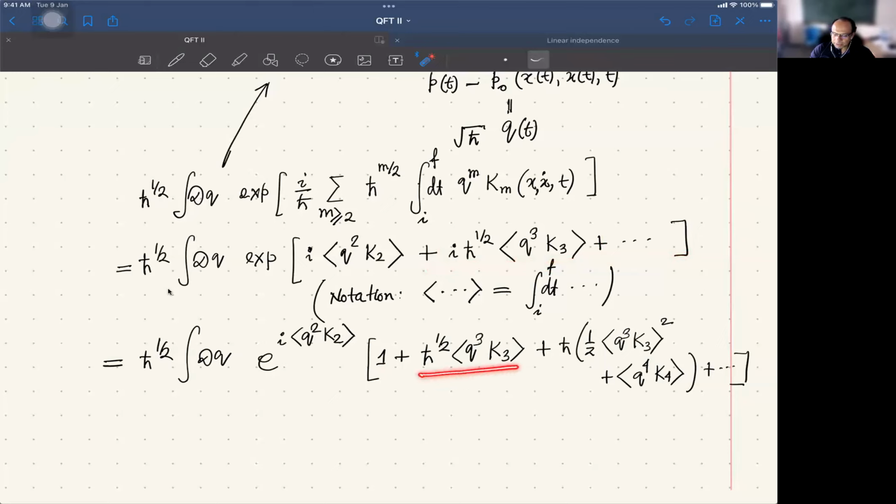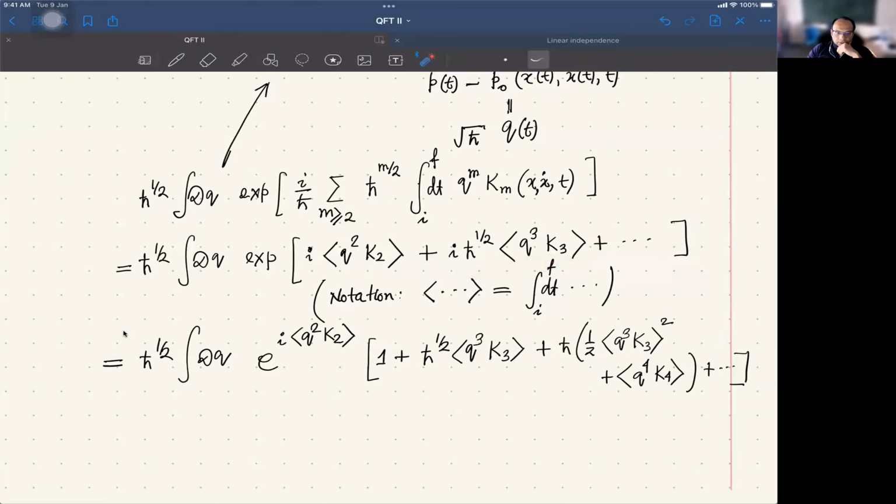The first term is ħ^(1/2). Then the next term is ħ times this. That is a part of x. But then this part of x is of the same order as a term coming from x². This contribution coming from x² is ħ times half times (q³ k3)².